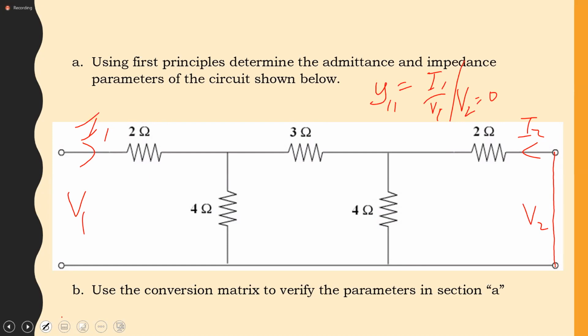So it would be the inverse of 2 in series with. No, don't work it out for me. Just give me how these two are connected by virtue of the circuit we have here. Just give me an expression that connects the two. V1 equals RT times I1. Do you agree with that?